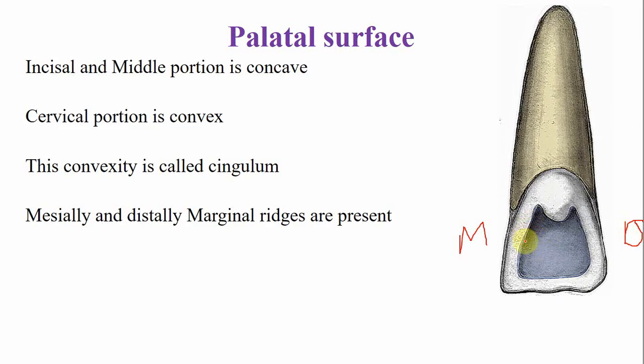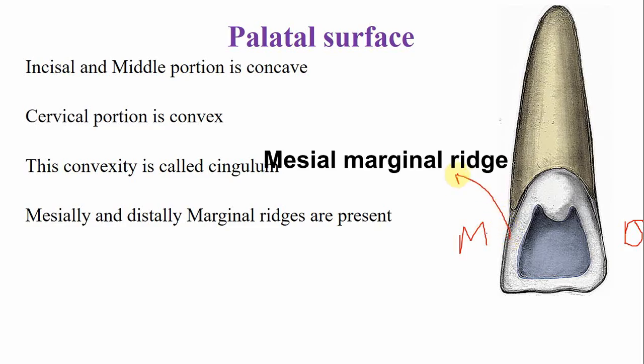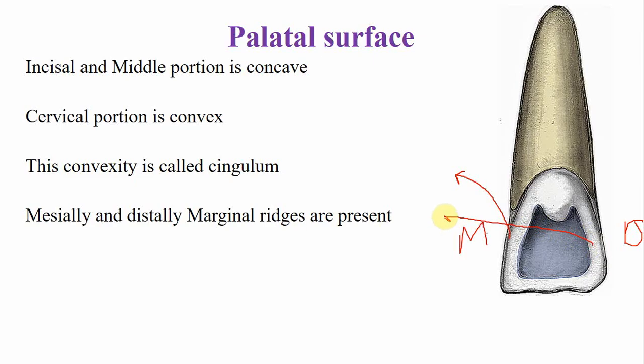Two marginal ridges are present. This marginal ridge is known as the mesial marginal ridge, and this marginal ridge is known as the distal marginal ridge.